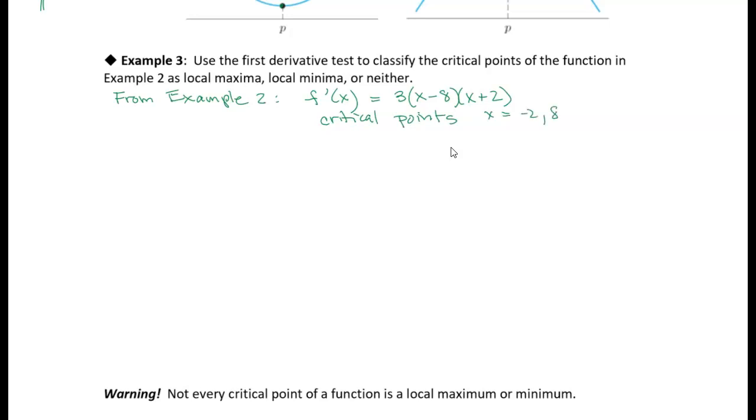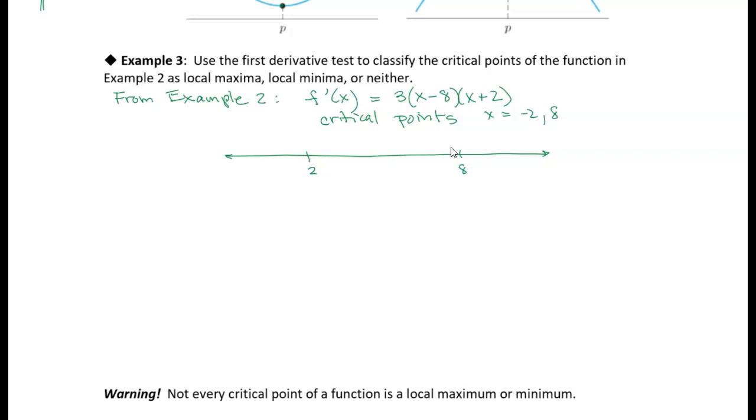Okay, so we need to evaluate the derivative of the function around these critical points. So what I'm going to do, I'm just going to draw a number line that represents the domain of the function. Okay, and I'm going to mark the critical points, negative 2 and 8.